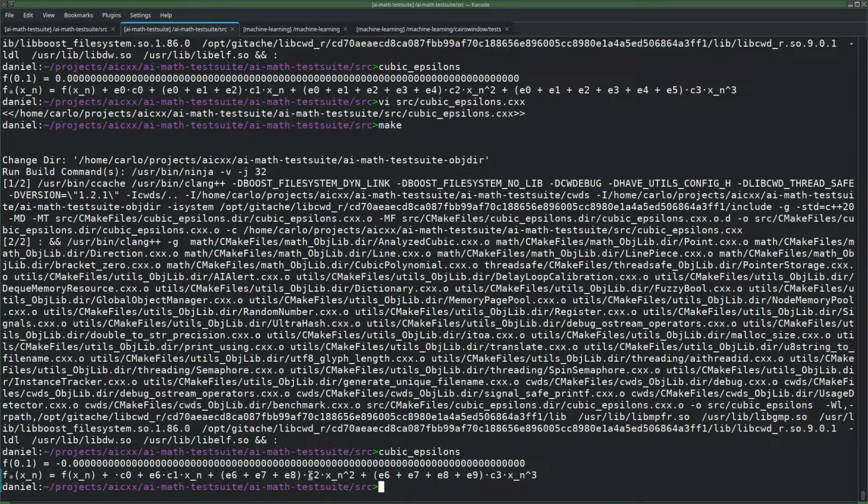I think there should be a factor of 2 in front of this, just, you know, as if C2 was doubled. C3 is tripled. No, what the heck. It still prints this as well. That's no good.